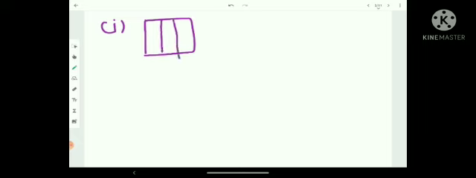Row 1: 5, -1, -4. Row 2: -5, -2, 7. Row 3: 0, 3, -3. I will draw neatly, wait a minute.